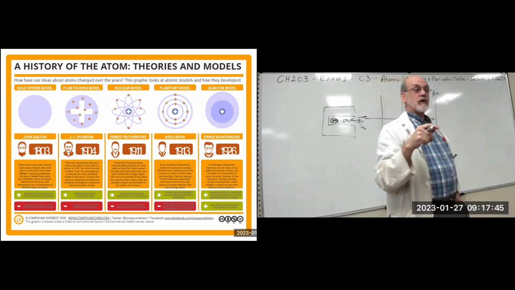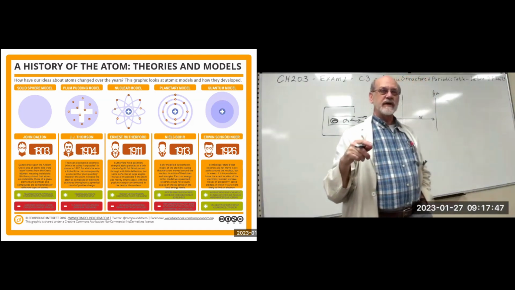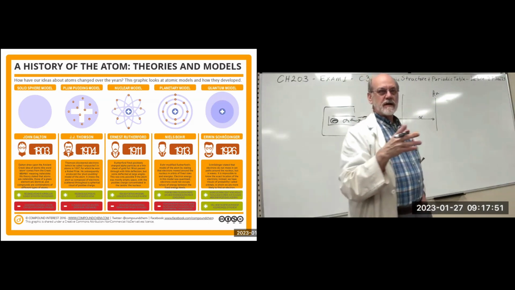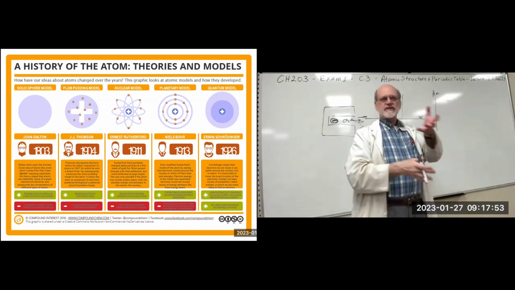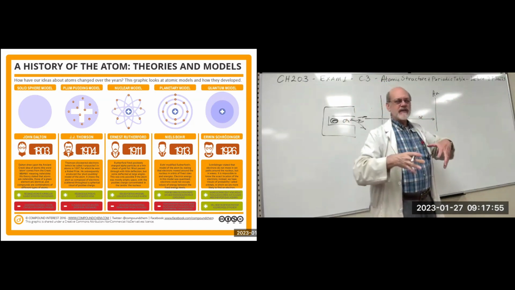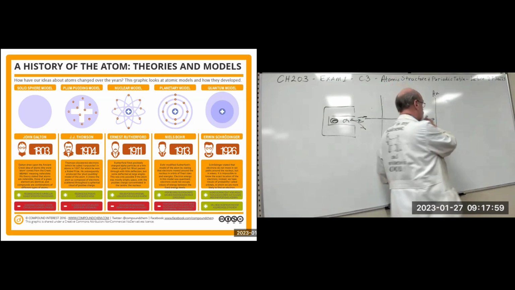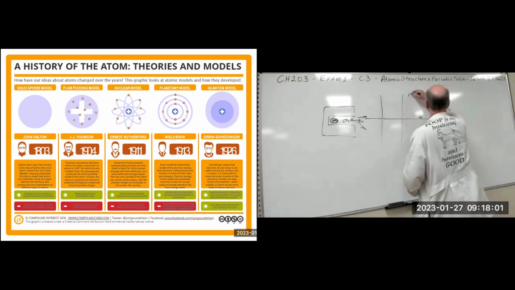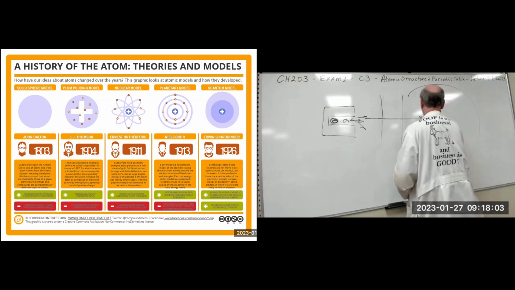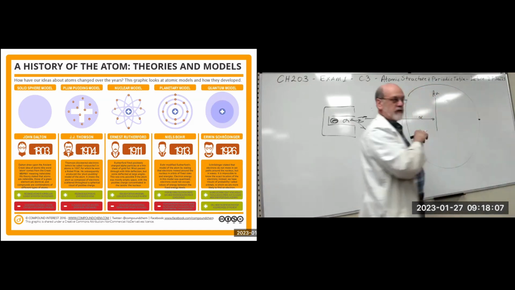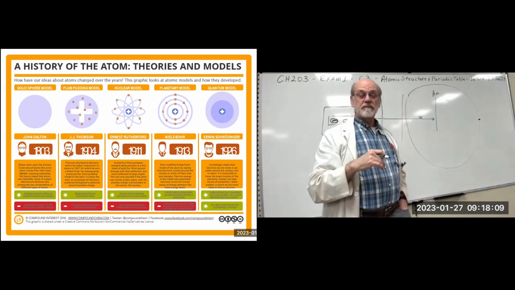What Rutherford said was, if the plum pudding model is true, then the mass of the atom is spread out so far that these alpha particles ought to go straight through and hit the detector right over here with no change of direction.